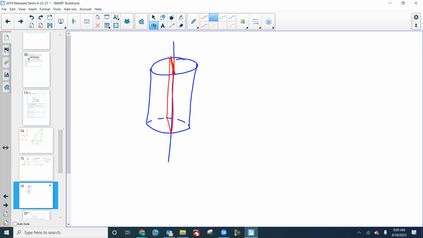What happens if you slice a cone? What do you get? It depends on how you slice it. Good. What if you slice it parallel to the base? You get a circle. If you slice it perpendicular, triangles. Good.